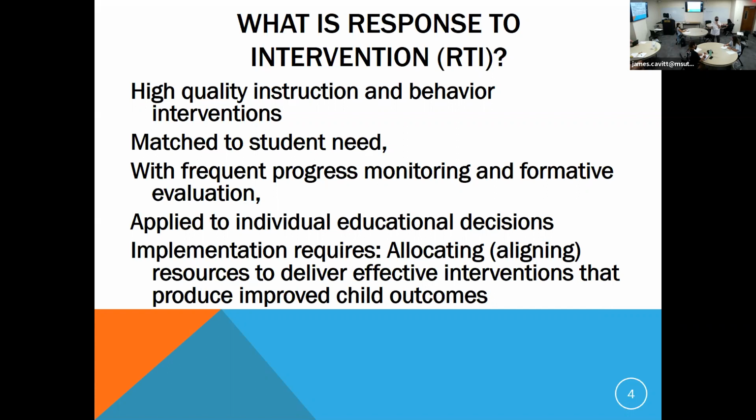But what happens if the problem is actually a screw and not a nail? Is that the proper tool to use for that problem? No. And it won't be effective. So that's important to think. We've got to match it to the student. We have to progress monitor the information to know if we're on the right track.